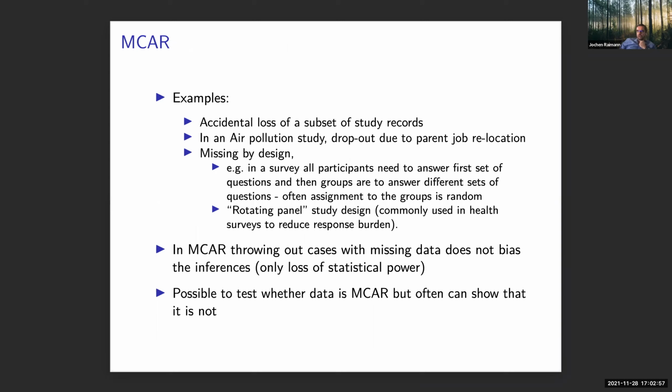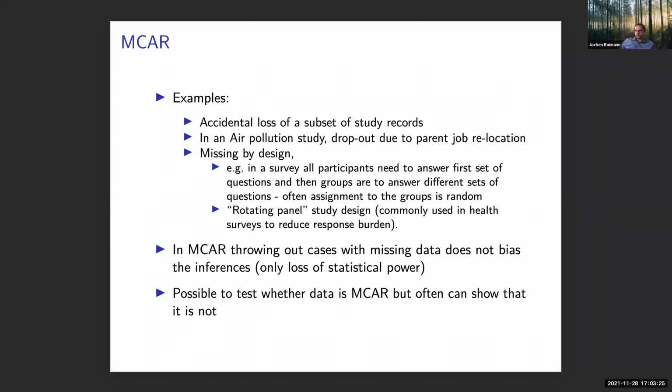However, what are examples of such missing completely at random cases? There could be an accidental loss of a subset of study records. But even then, somebody puts all the files in a box and drives the box home, and this car gets stolen on the way, and this box never returns. Even there, you have some form of systematic bias because it may come from one site, it may come from one consortium.